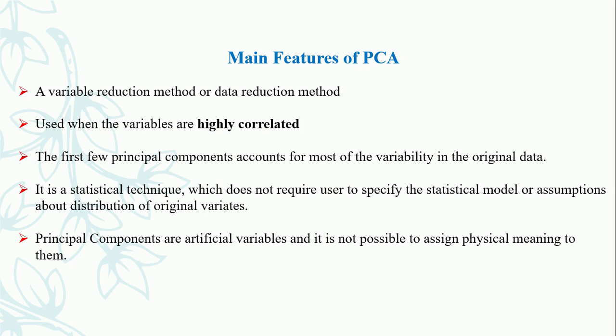So next are the main features of PCA. PCA is a variable reduction method or data reduction method, or it can also be called a data dimension reduction method. Okay, so here we will reduce the number of variables to a few factors, the few principal components, and it is used when the variables are highly correlated.